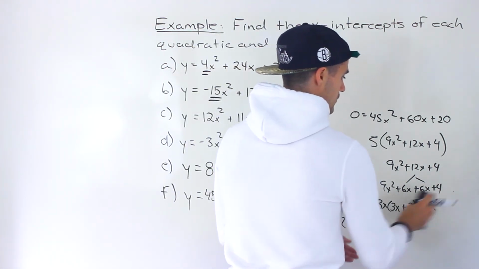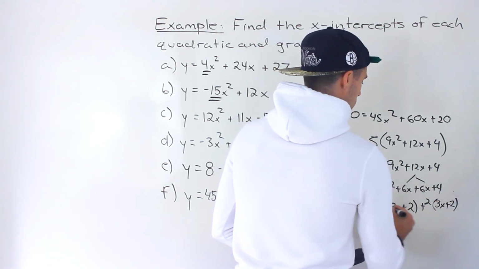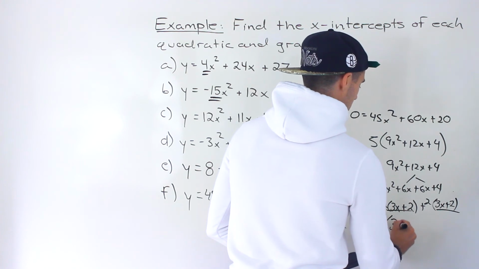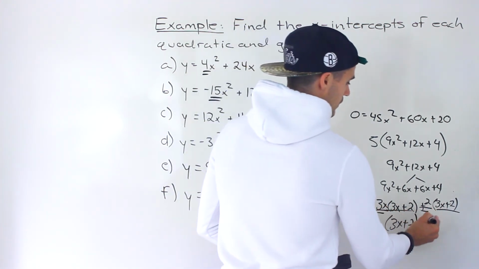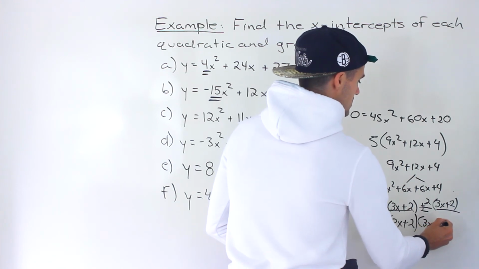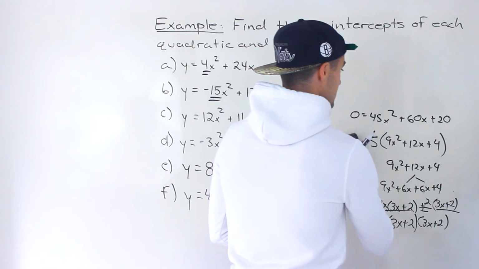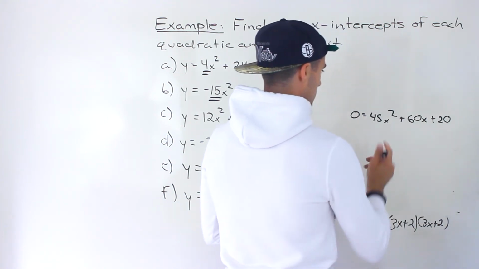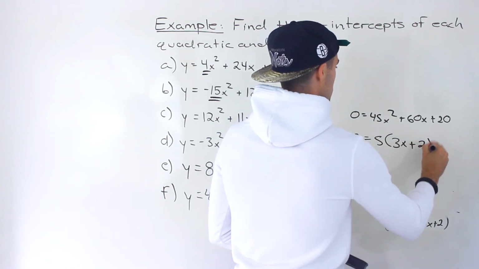Sorry, we can't take out a 3 from the 4, we can take out a 2. So I'm going through the whole process. But again, if you have a quicker way, then feel free to use that. We're left with a 3x plus 2. So notice this is a perfect square trinomial because those two factors are the same. So basically, remember we took out the 5 initially, so we got 5 times 3x plus 2 squared.